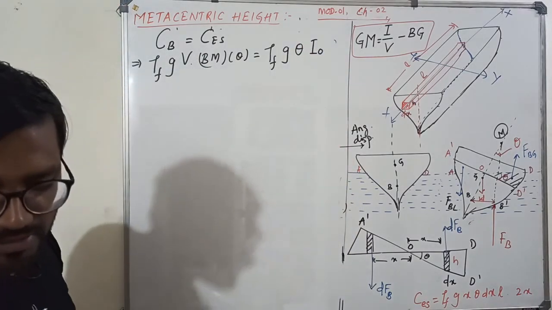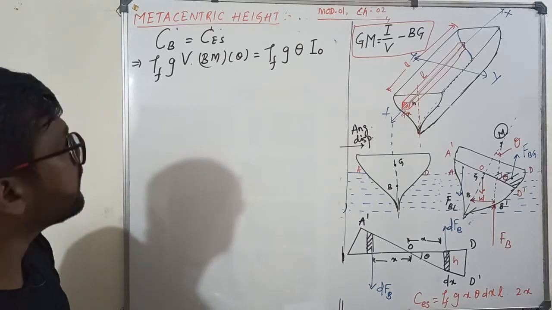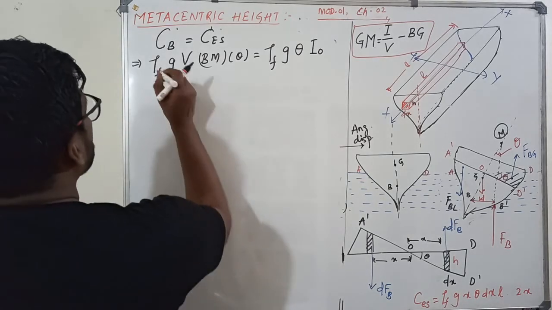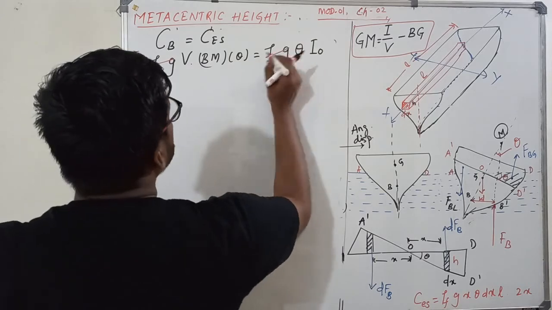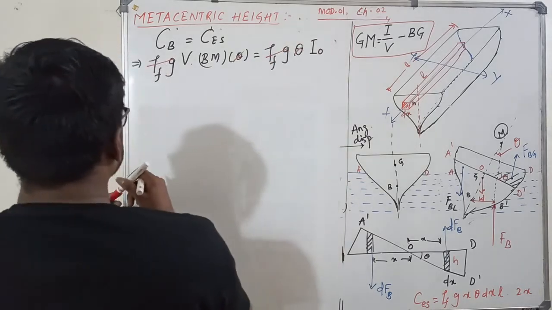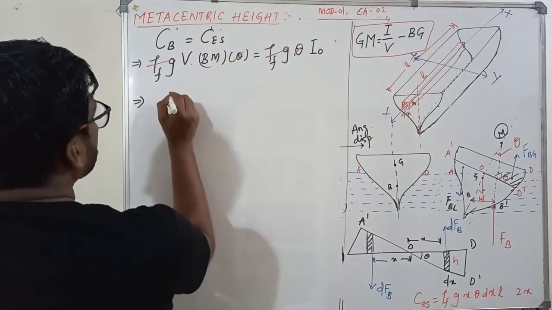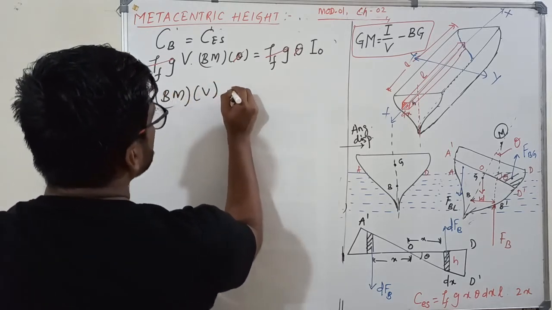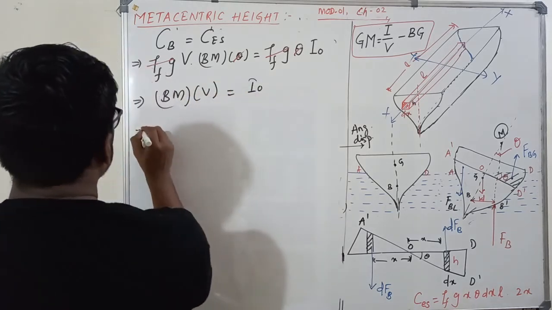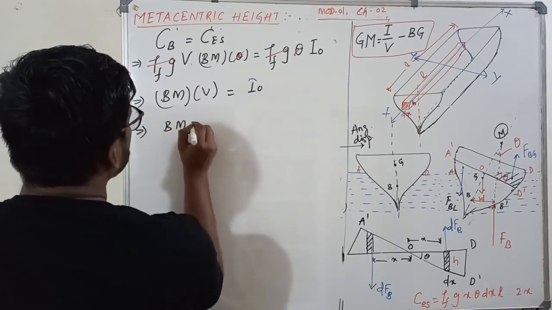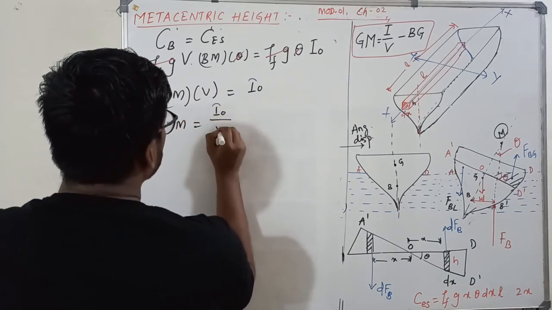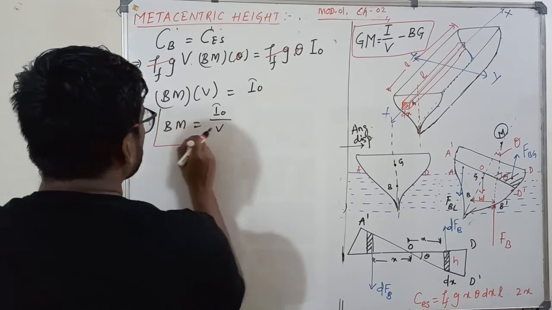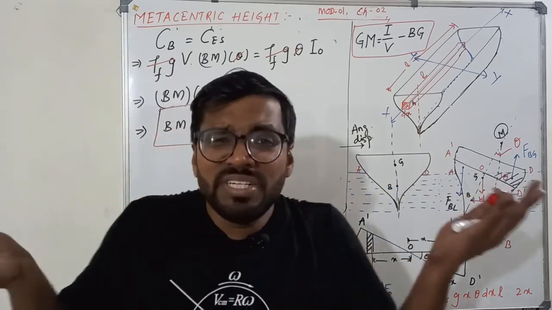Now, sir, it is very, very simple. ρf g cancel, θ cancel. So what did you get, sir? We got BM multiplied by the volume is equal to I₀. So BM is equal to I₀ upon V. But I don't need BM.